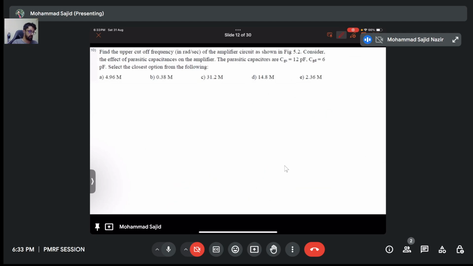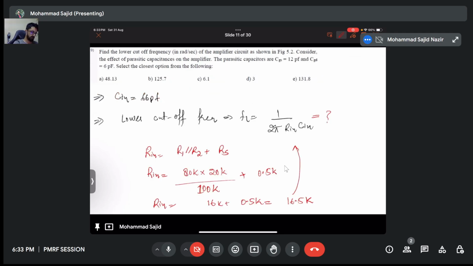Okay, so now this is done. Now we have another thing. We need to calculate the upper cutoff. Here another thing we need to be careful about.